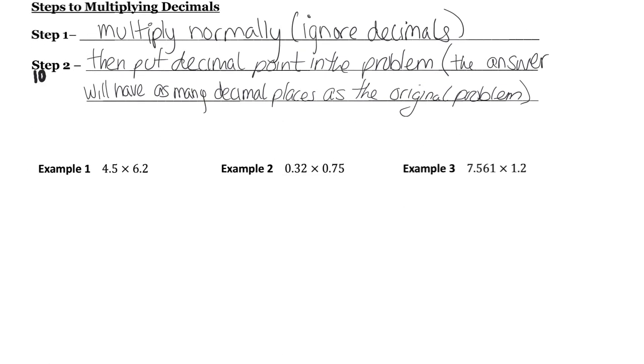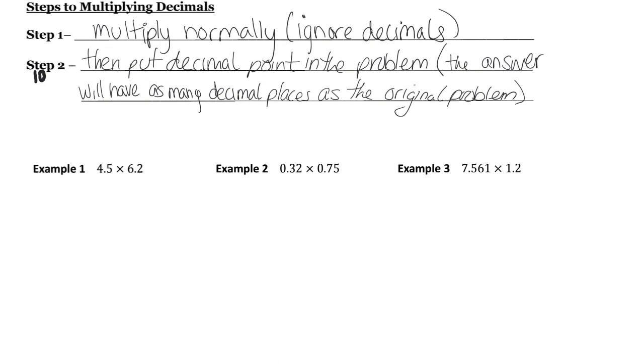Let's look at this first example. We have 4.5 times 6.2. Again, I'm ignoring the decimals, and I'm just going to treat it as 45 times 62. I'm going to multiply like normal. 2 times 5 is 10. Bring the 1 over.